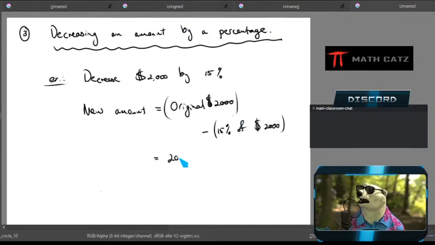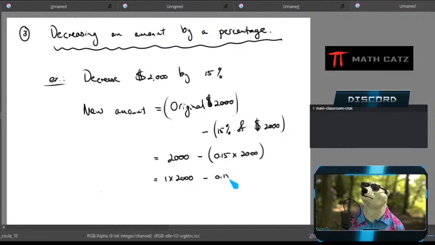So I have my 2,000 minus a percentage of a number. Decimal version times number. Because that's the first kind of calculation again. Now, I'll emphasize here, I have one of these 2,000s.